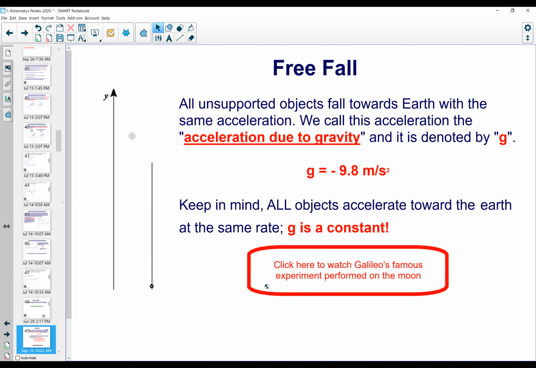G is constant. Now, that's not 100% true. G is not constant. If you get far enough away from the Earth, the value changes. But for everything we would be studying, we will be close enough to the surface of the Earth. And because of the Earth's massive size, we will see G as being relatively constant. And so we'll just use that 9.8.